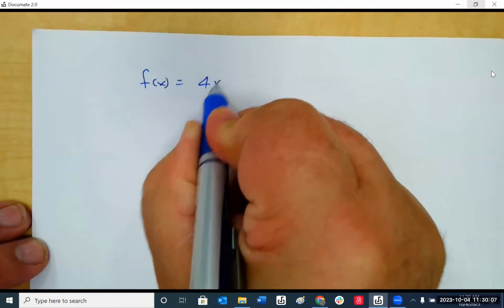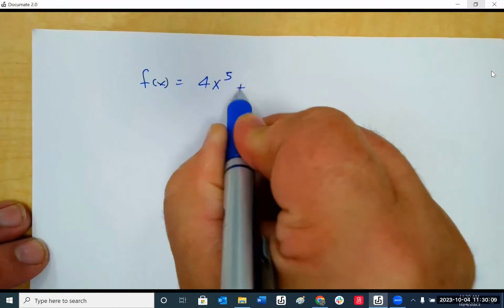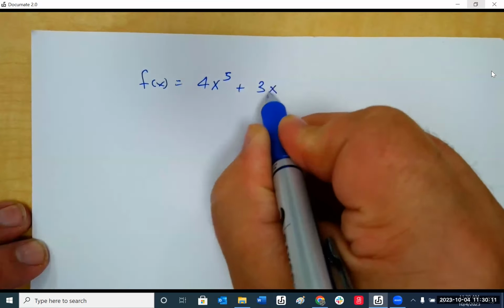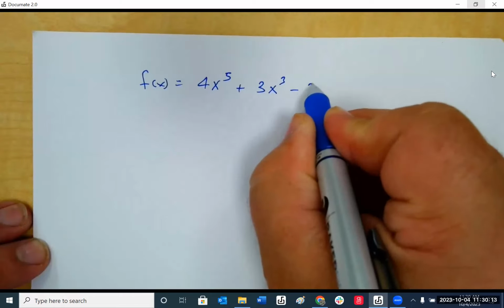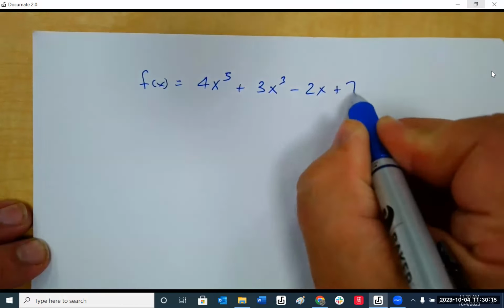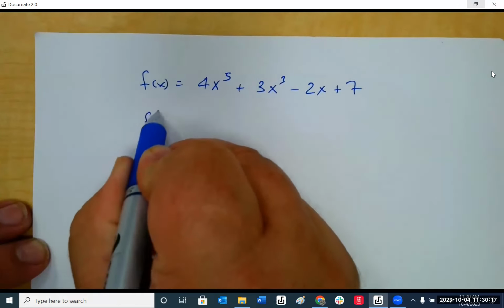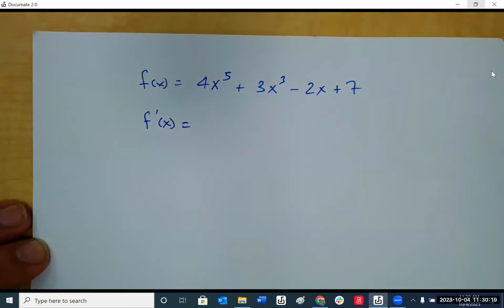Let's say we had 4x to the 5th plus 3x to the 3rd minus 2x plus 7. Find the derivative of that one.